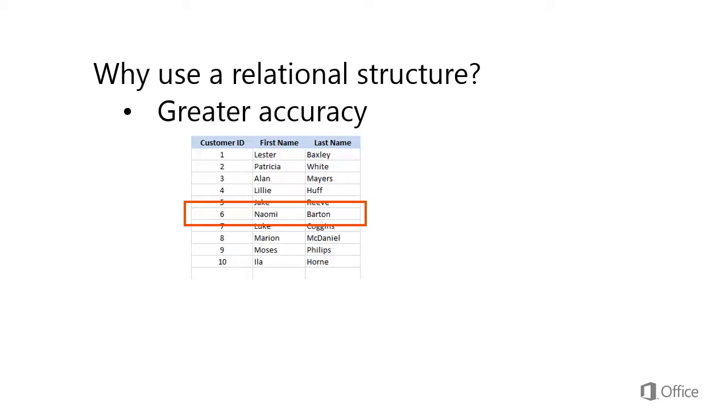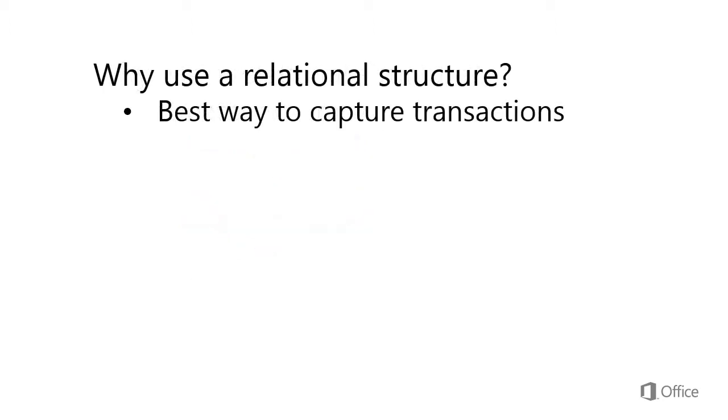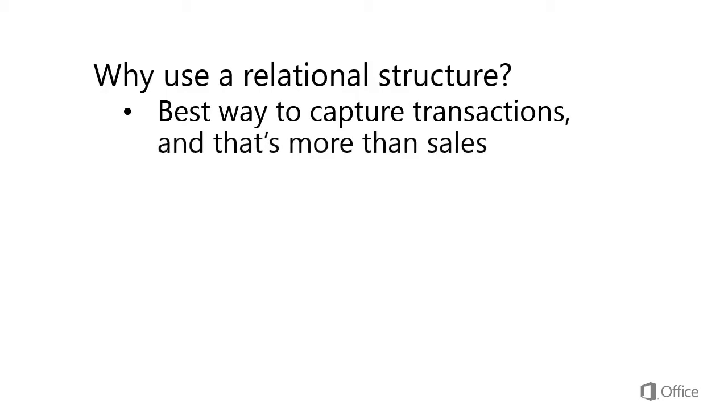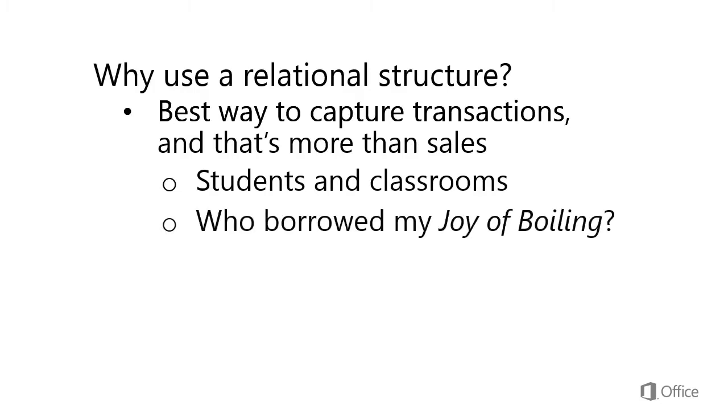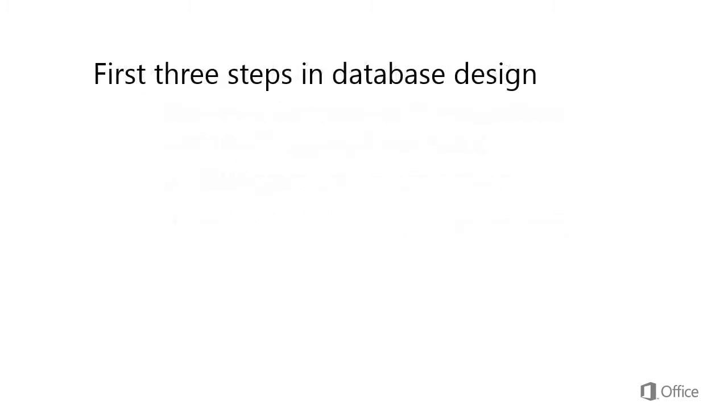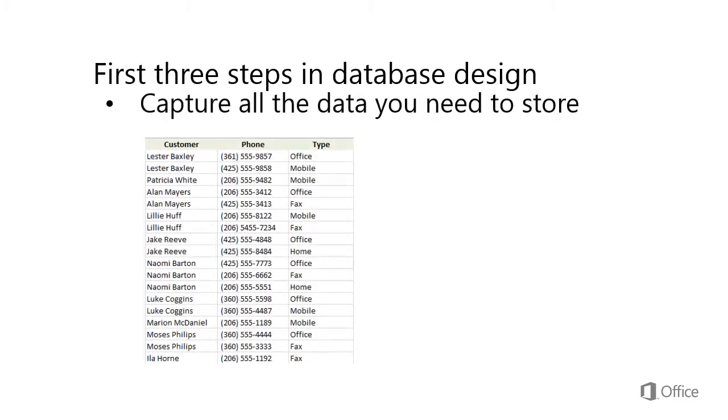Relational structures are also a great way to capture transactions, and by transactions I mean more than just sales. A transaction can also mean which students are in which classrooms, or who did I loan my book to. Now, as we've gone along here, I've also shown you the first 3 steps in database design. The first one is to make sure you capture all the data you need to store.